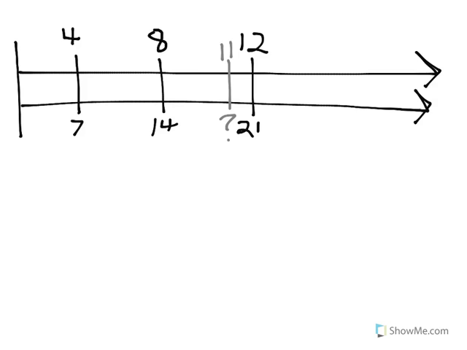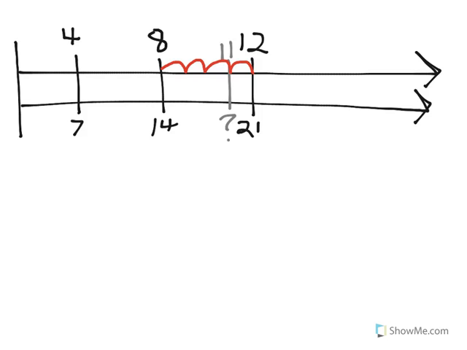So let me stop chatting, and this is how we would use this to solve a ratio problem. Basically, we know that we have 11, and we're trying to see where 11 is in relation to other numbers. Well, I see that 11 is between 8 and 12, and it is 3/4 of the way between 8 and 12.